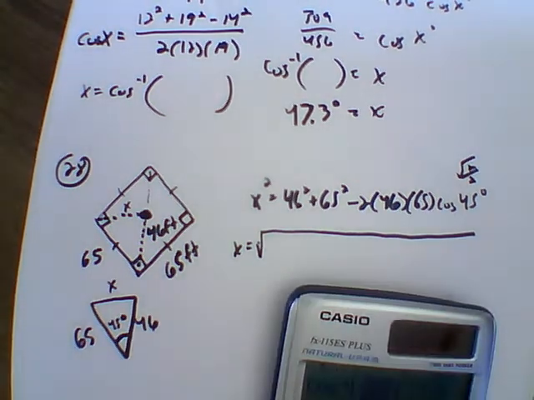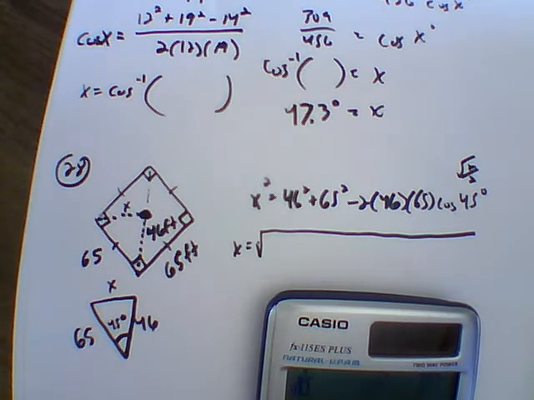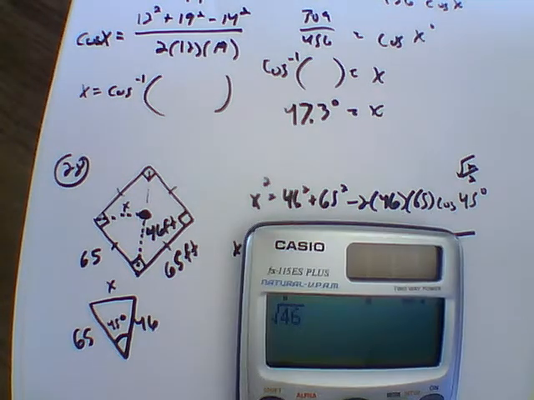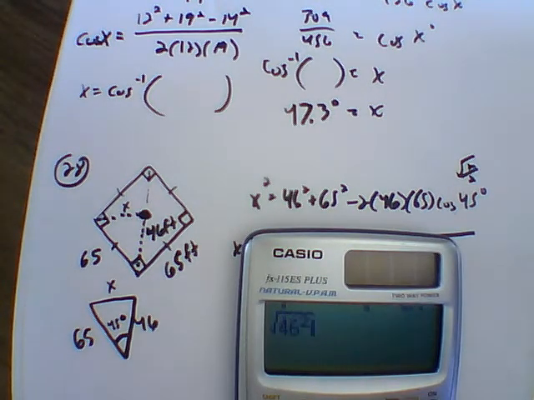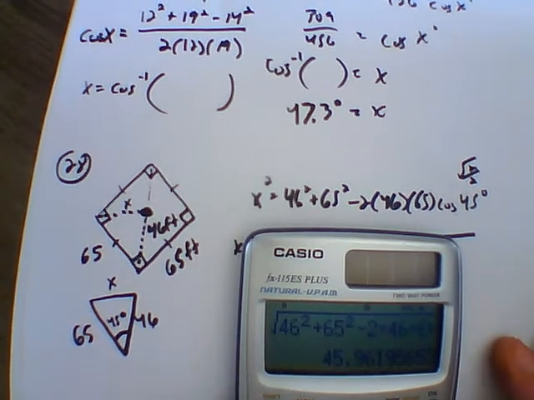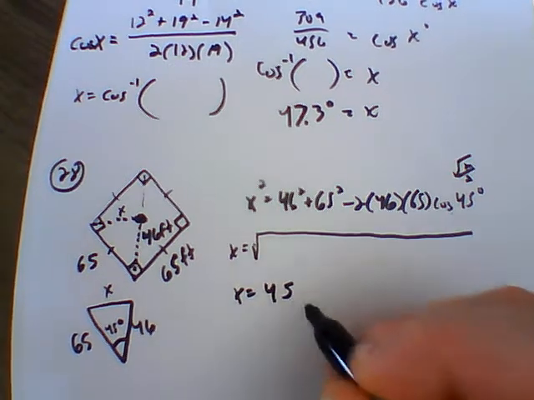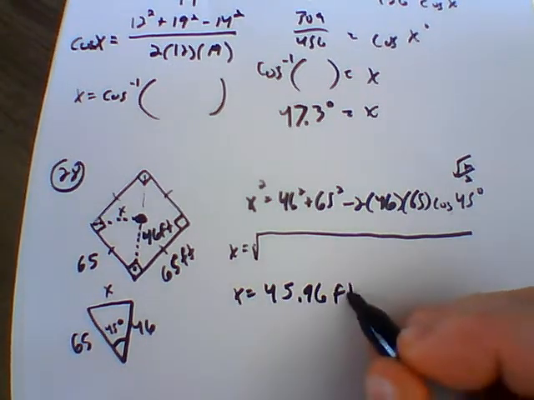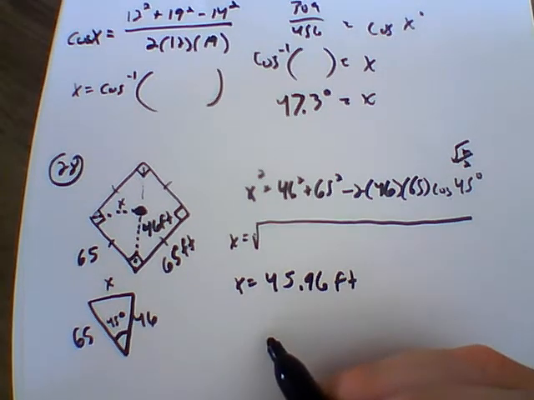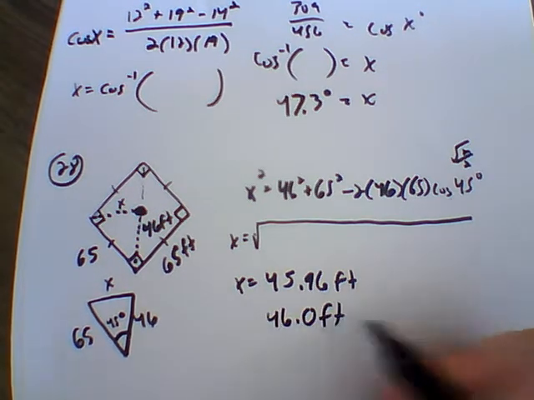So overall, we're going to have this approximation. We take the square root of 46 squared plus 65 squared minus 2 times 46 times 65 cosine of 45 degrees, and we get 45.96. Okay, so we see that x equals 45.96 feet. So really we're at 46.0 feet.